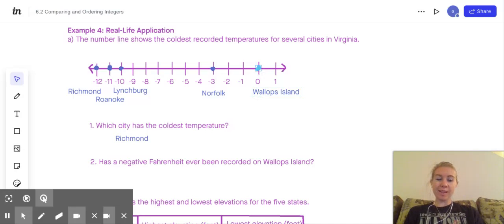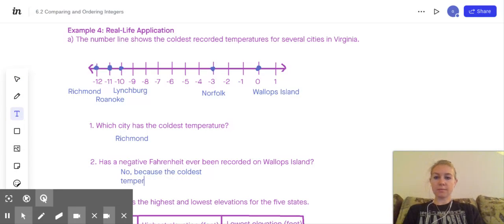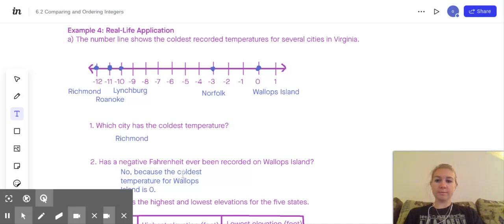And if you remember from the last section, 0 is neither positive nor negative. It's just 0. So since it's at 0, our answer would be no, because the coldest temperature for Wallops Island is 0.